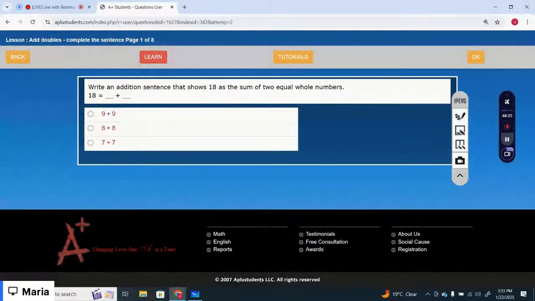Write an addition sentence that shows 18 as a sum of two equal whole numbers. So which is the correct option?